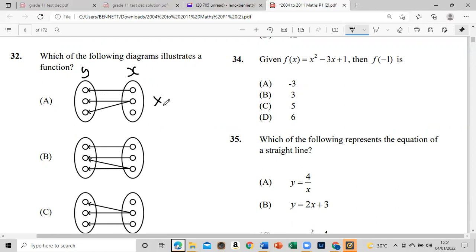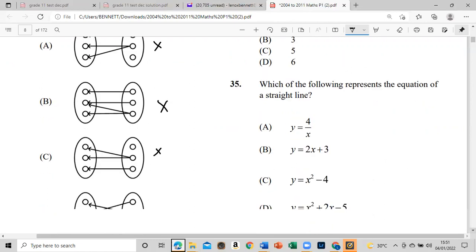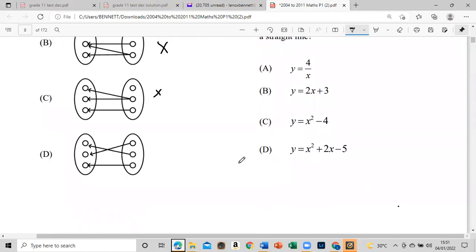So this one can't work either. This can't work. Not if you have to see D, it has to be D. To see if it works. Alright. And that's the definition of a function, 1 x to 1 y.